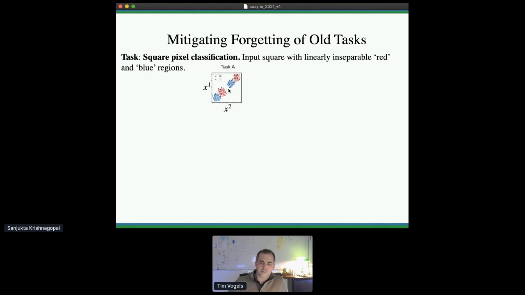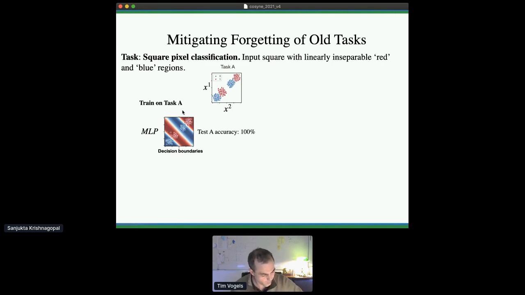We compare our DGN with an MLP, a multi-layer perceptron, in separating the red and blue regions. When the MLP is trained on this task and then tested again on this task, it's very good at figuring out which region is red and which region is blue. These decision boundaries here tell you that the MLP classifies this entire region as blue, and so on and so forth.